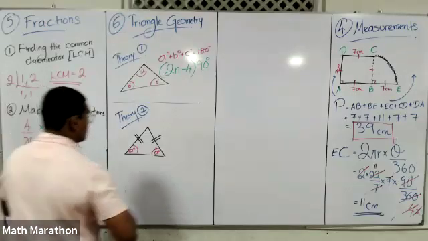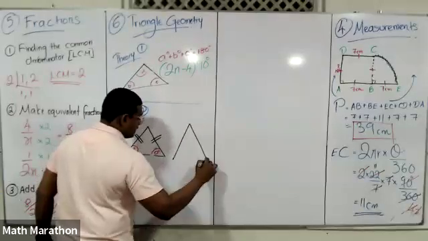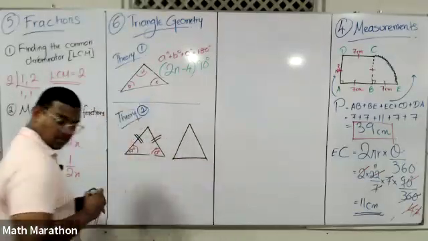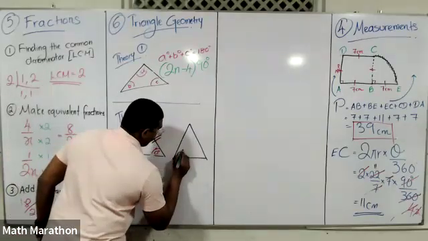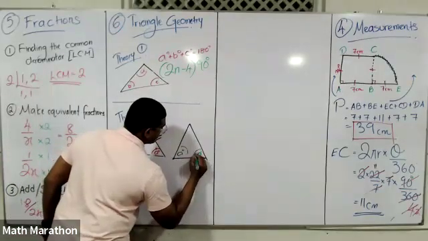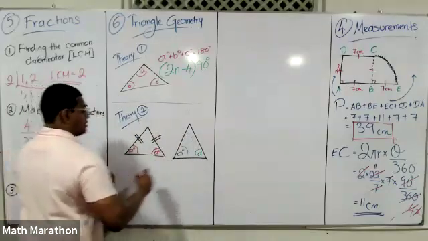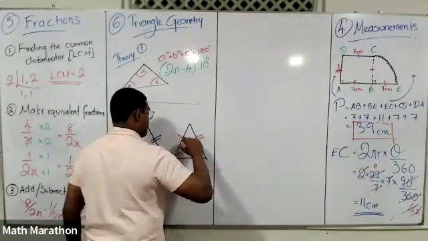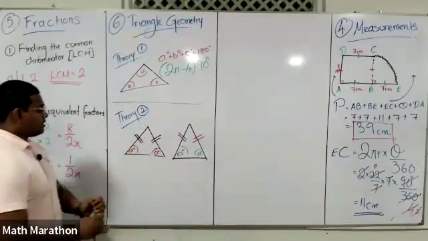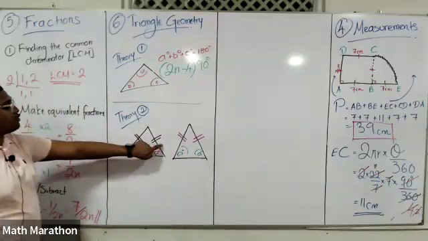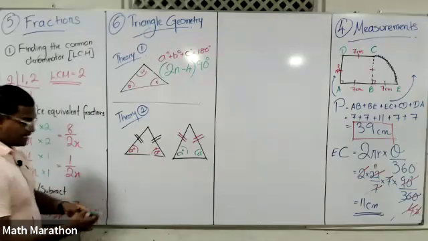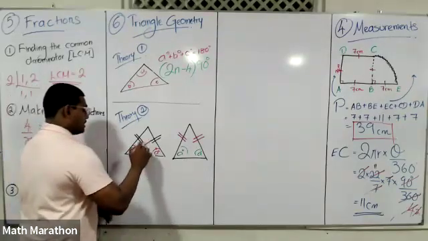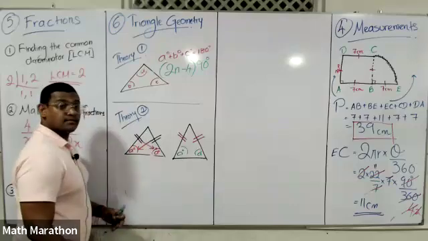Similarly, if you have a triangle and there are two equal angles, the opposite sides are equal. The theory says if you have two sides equal, the angles opposite to the two sides are equal. This and this.